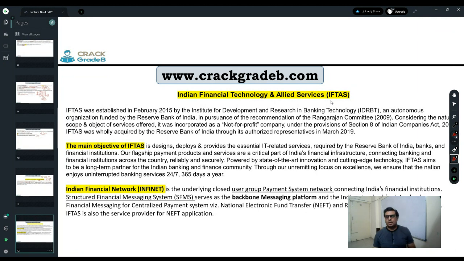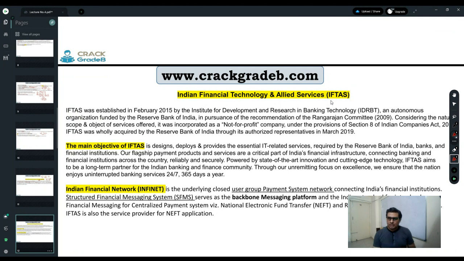All these are payment systems, and they are basically controlled by the Reserve Bank of India. But who provides the technical support? There are two parts. One is the administrative part, and another is technical support. Messaging technical support. You will get an immediate message of deposit or credit or debit.